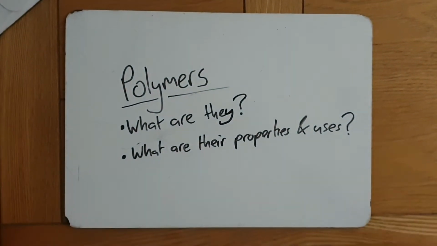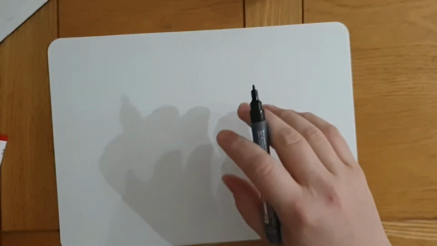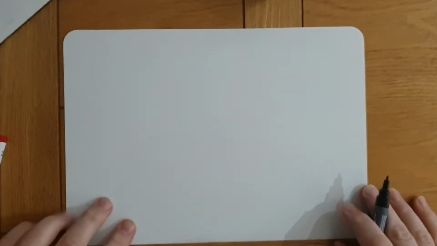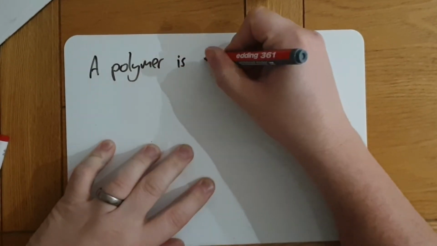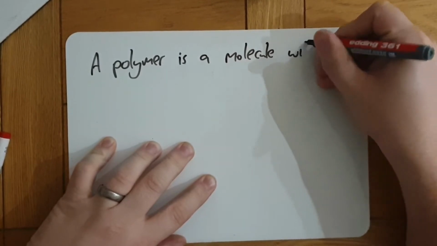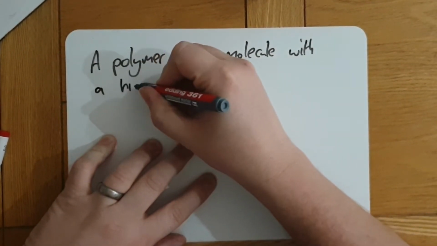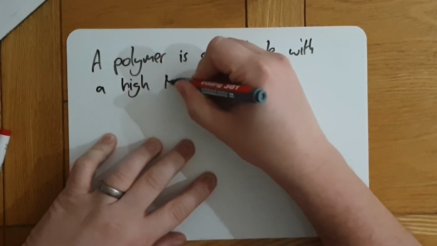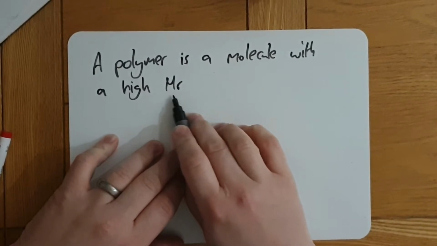Right. Okay, so back to today's lesson. So polymers, what are they? What are their properties and uses? So the very first question, what is a polymer? So a polymer is a molecule with a high MR. Remember, MR stands for relative molecular mass, relative formula mass.